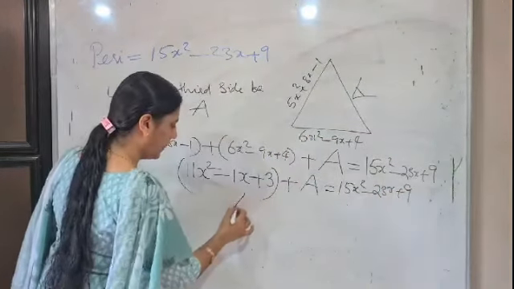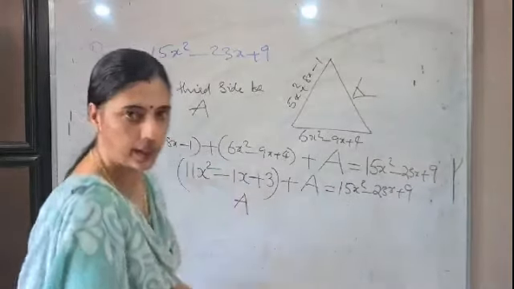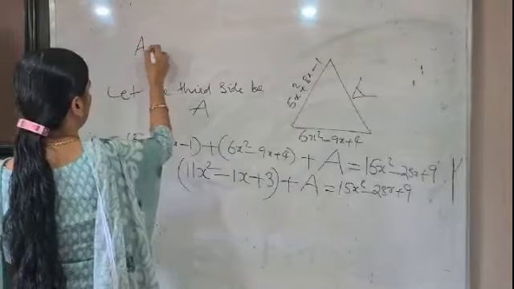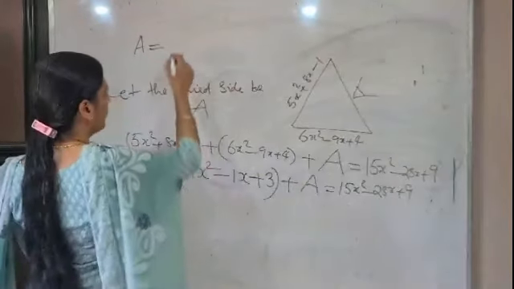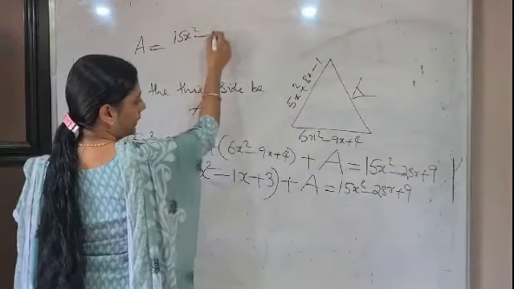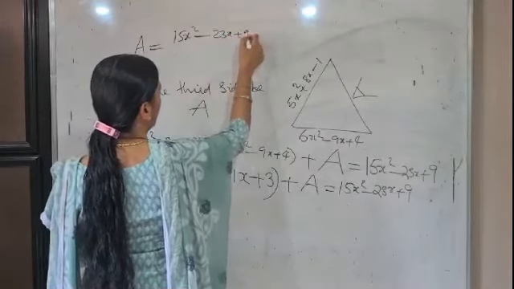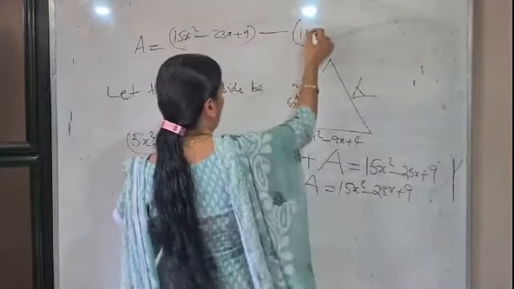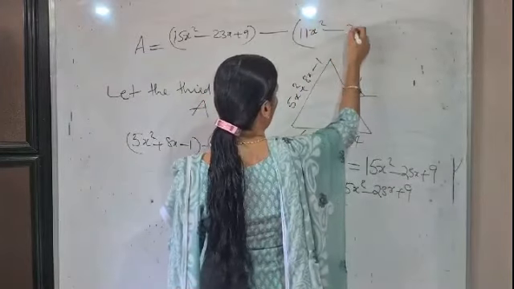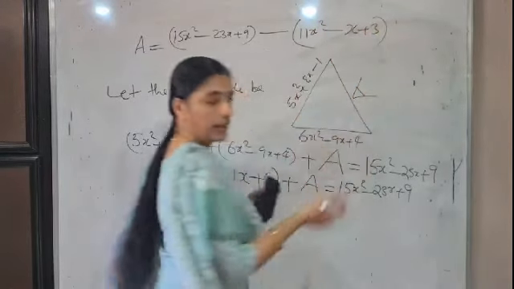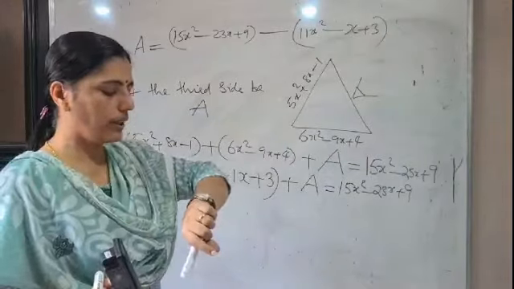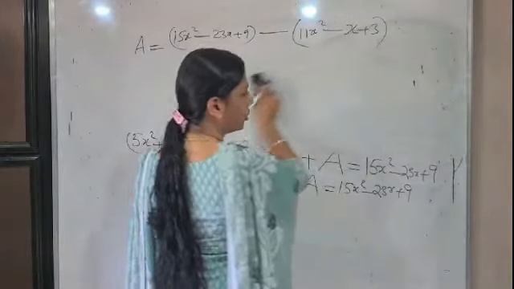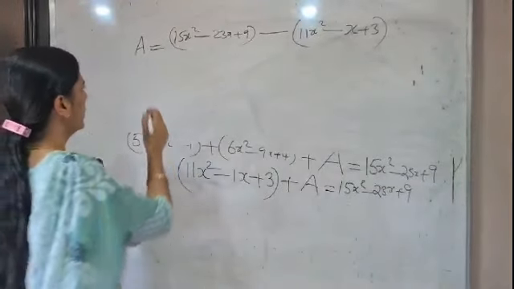So what is A? Therefore, A, the third side, equals 15x square minus 23x plus 9 minus this one, 11x square minus x plus 3. Get the answer as homework. It's better to draw the picture for this question.